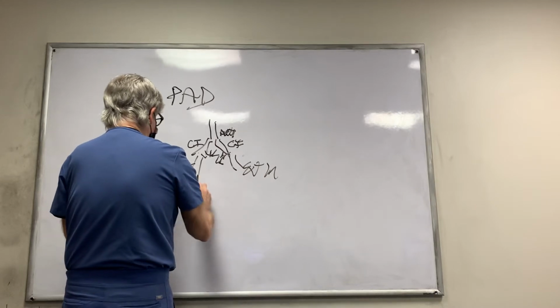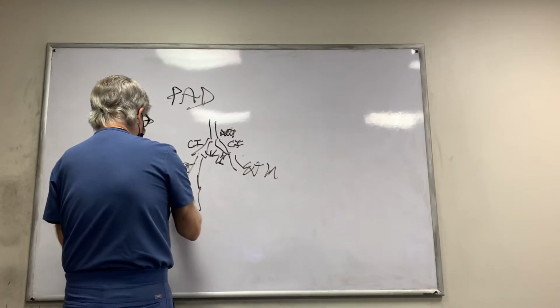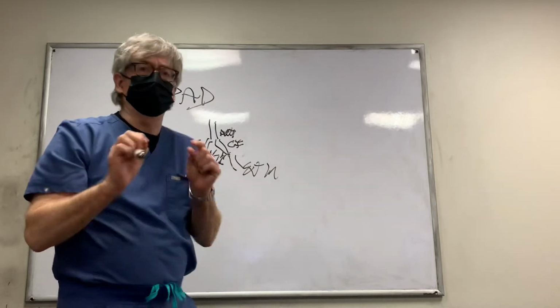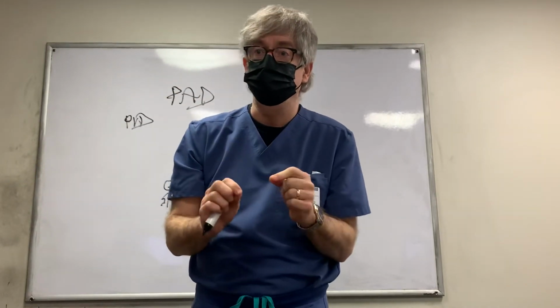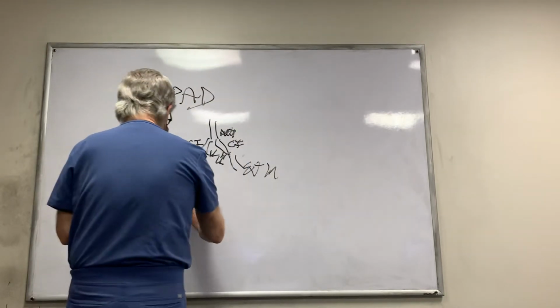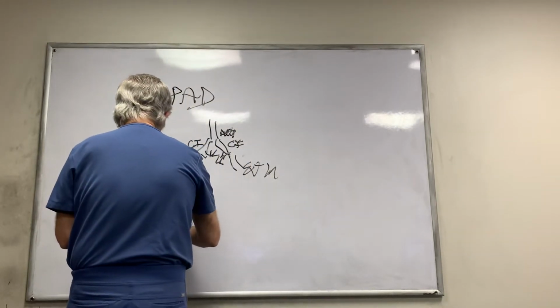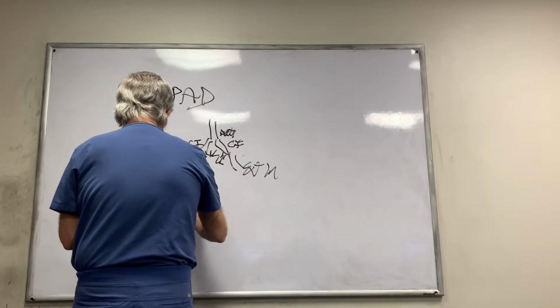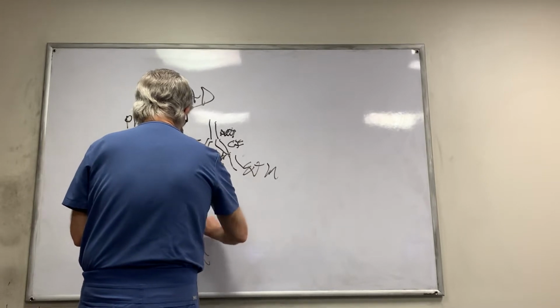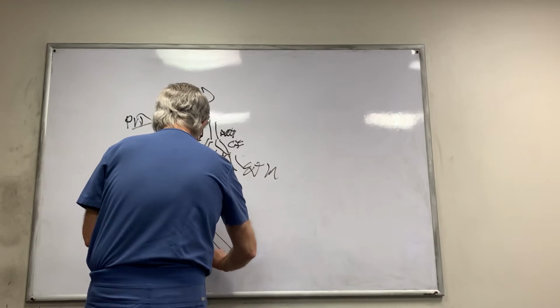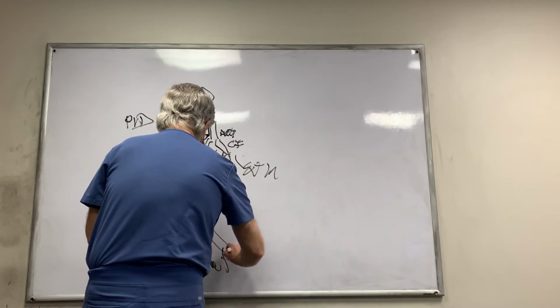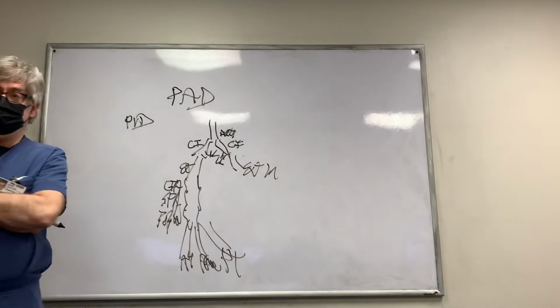The common femoral artery becomes the superficial femoral artery. The superficial femoral artery is not superficial, it's just called that, which becomes the popliteal artery. And then you have the trifurcation, which is the anterior tibial, peroneal, and posterior tibial arterial circulation.